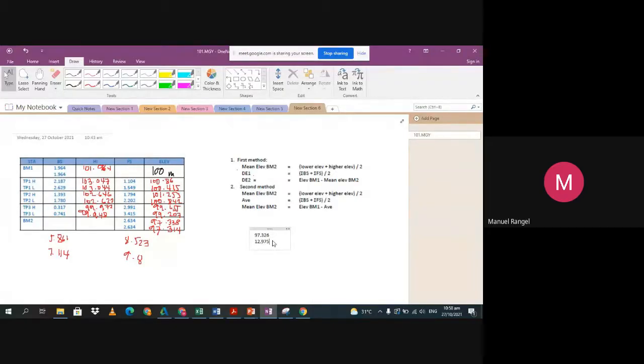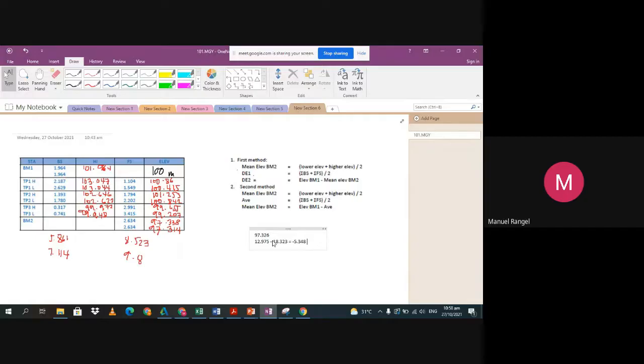So plus the FS readings, which is negative, so we subtract: 8.523 plus 9.8 is 18.323.